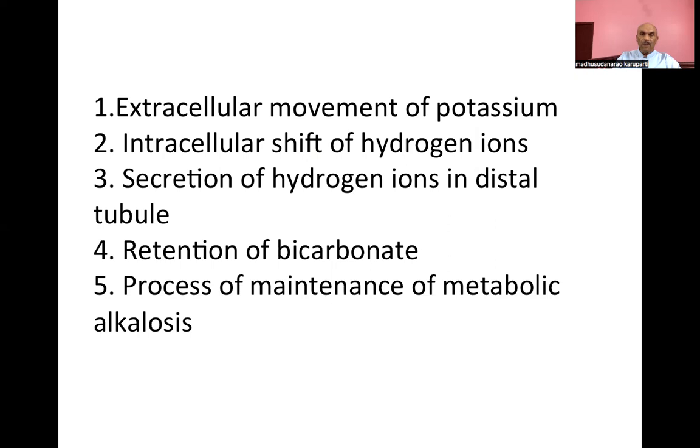Then there is secretion of hydrogen ions into the distal convoluted tubules because of hypokalemia, and the hydrogen ions secreted into the distal convoluted tubule come with the absorption of bicarbonate. This is called paradoxical aciduria. This occurs in the situation of hypokalemia. This process is described under the maintenance phase of metabolic alkalosis.